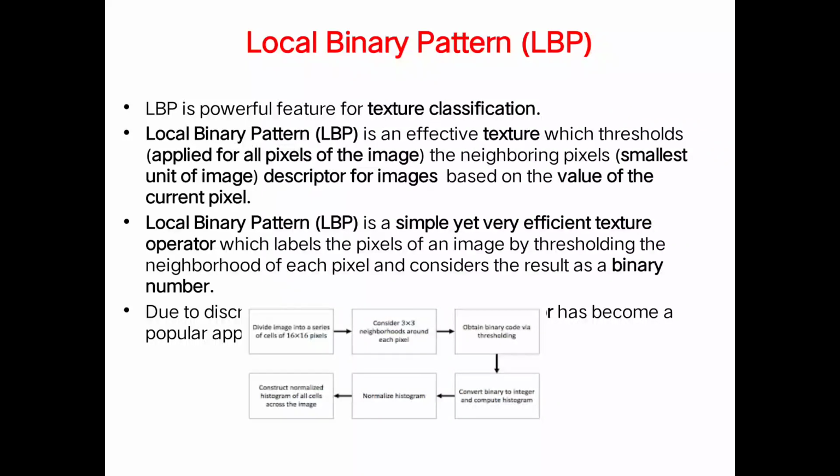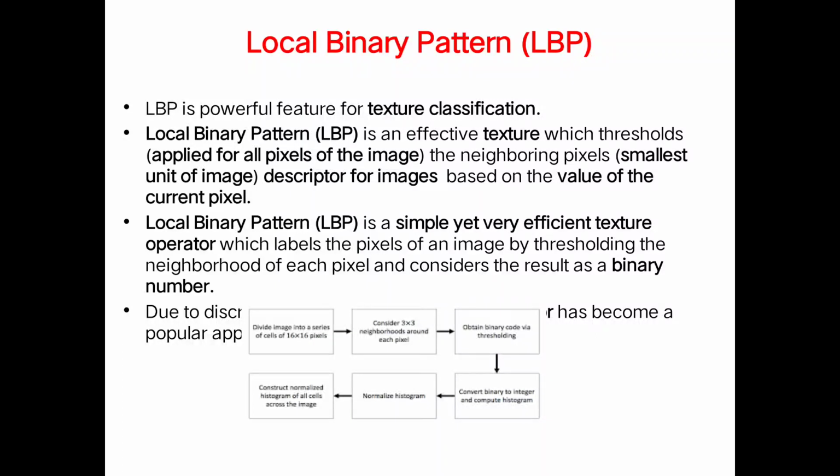Then the next important technique used for the classification of the crop is the local binary pattern, called LBP. LBP stands for local binary pattern. This LBP is a powerful feature for texture classification.